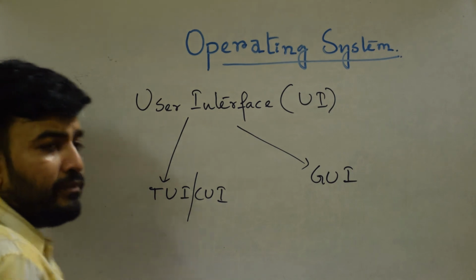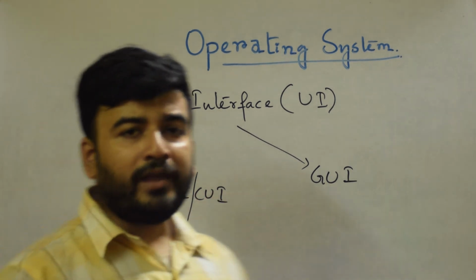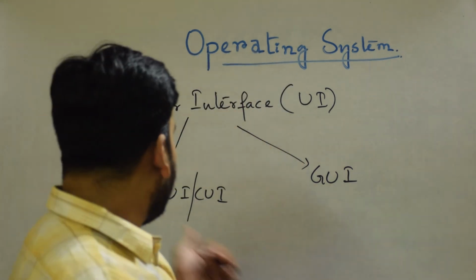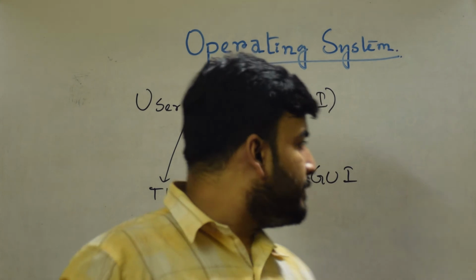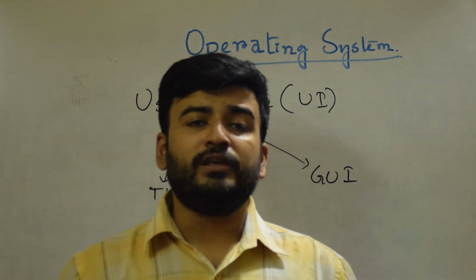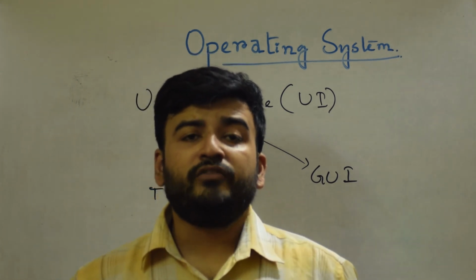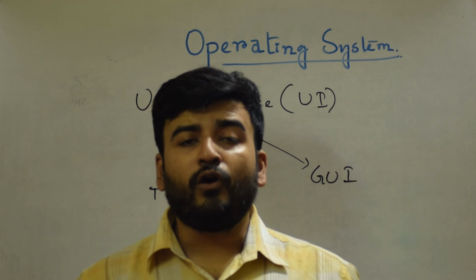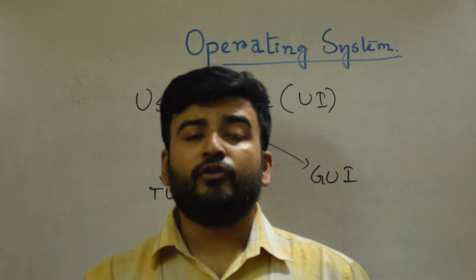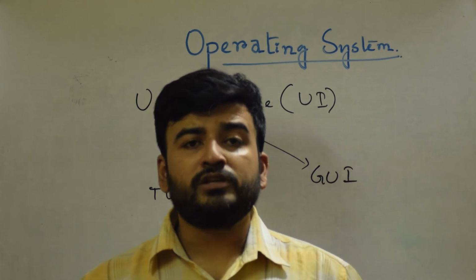In your book you can say CUI, that is character user interface, command user interface, or TUI, text user interface, and GUI means graphical user interface. These are very important terms. Okay, modern graphical user interfaces have evolved from text-based UIs, meaning text-based user interfaces.